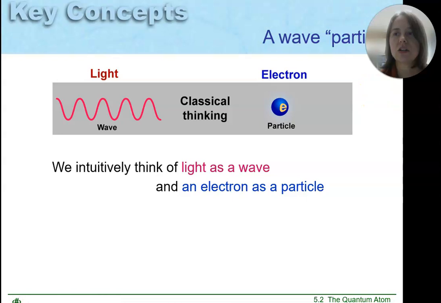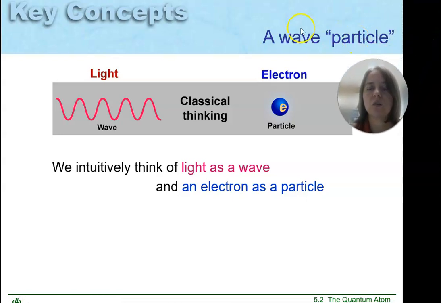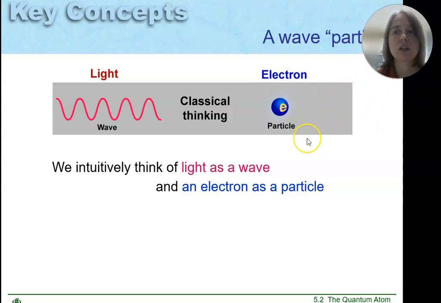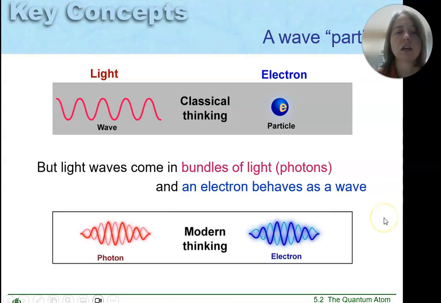Okay, so let's look at a wave and a particle. A lot of times we think about light as moving in waves, where it's a transfer of energy but not matter, and we think of electrons as particles, like protons, neutrons, and electrons. Protons and neutrons do act a lot like particles, just not electrons. So we often think about light as a wave, electrons as particles, but they're both way more complicated than that.